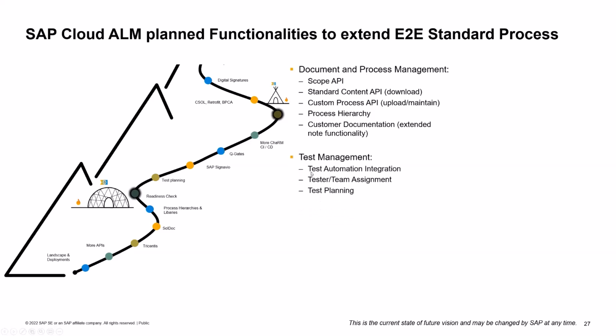In the test management, we plan to finish our test automation integration, for instance, to integrate Tricentis. And after that, we'll offer tester team assignment and, I think the current plan is the middle of this year, test plans as well.